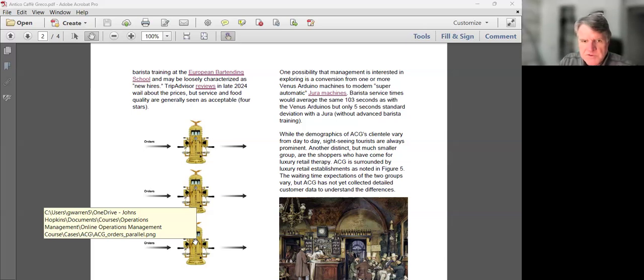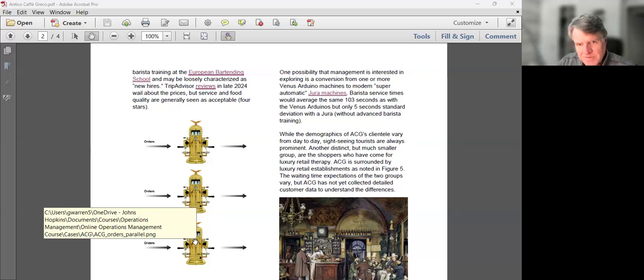And we can use the GGK calculator to assess things like the utilization of the barista and the waiting time in the system. I'm taking the waiting time in the system as the primary KPI here because that's what the customer really experiences, right? They come in, they place an order. So, how long is it from time of order to cup in hand?